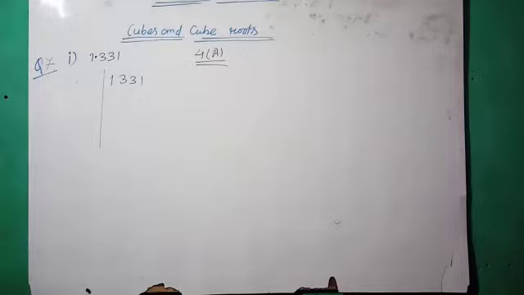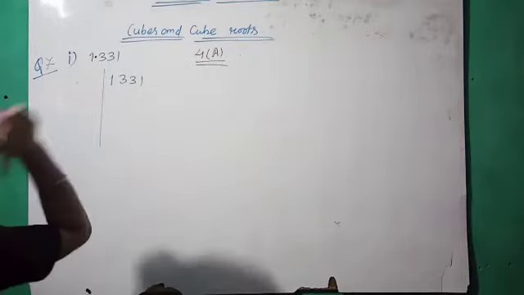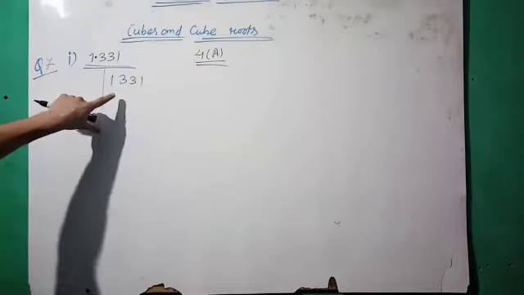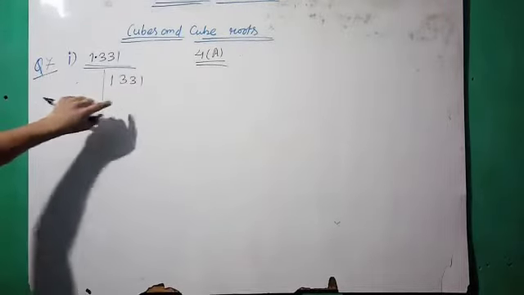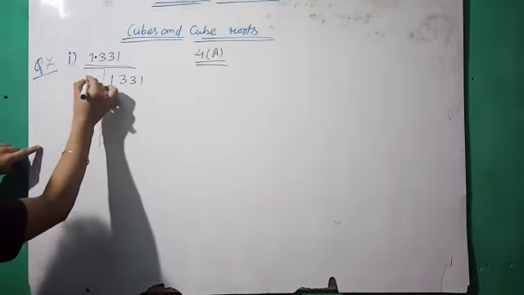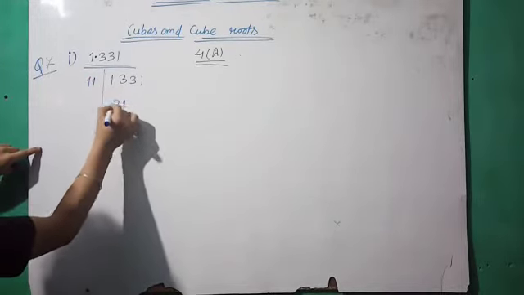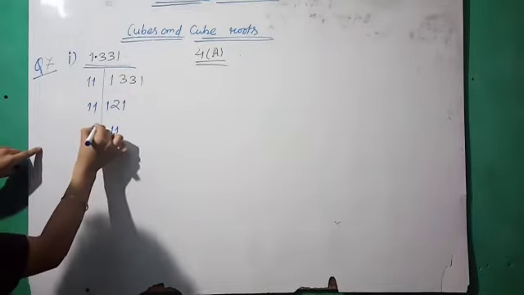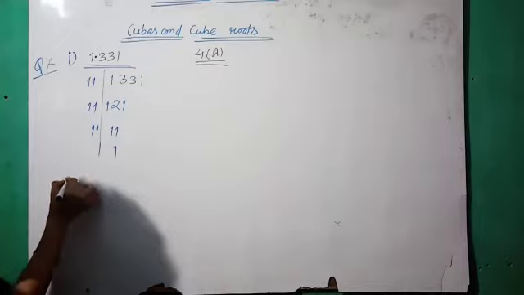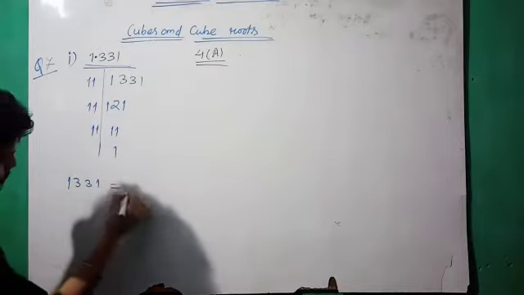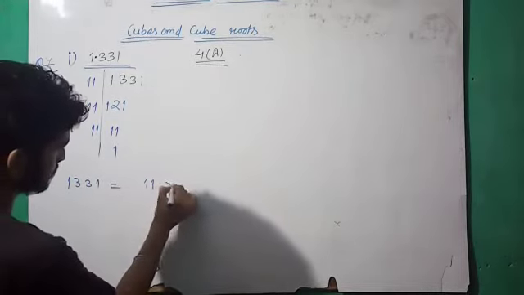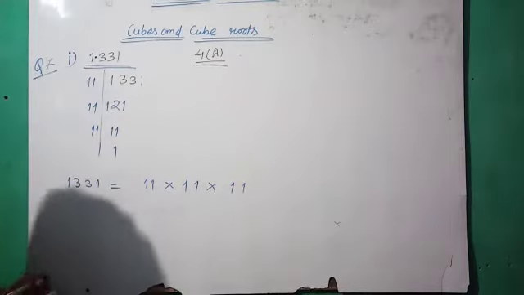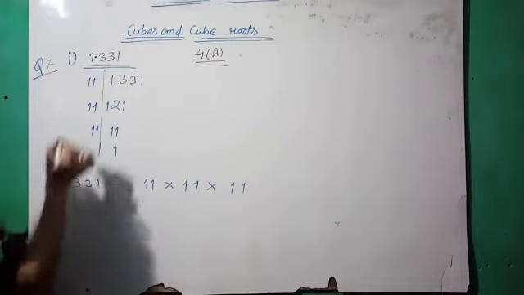Okay, so we have 1.331. The question is this: first you have to find the prime factorization of the number 1331. This is the division by 11, 121, then again divide by 11. Actually 1331 is the cube of 11, but we have 1.331.